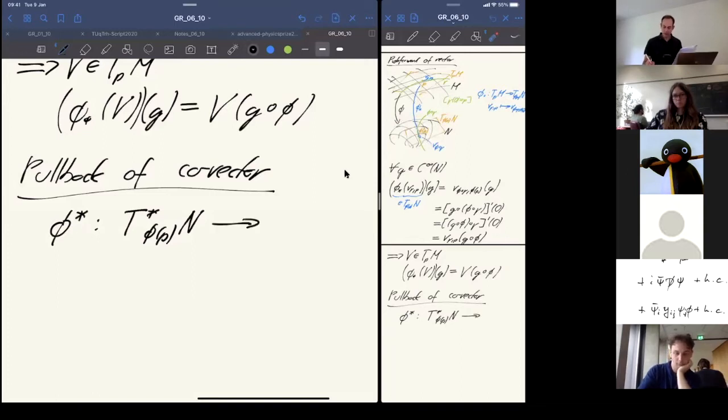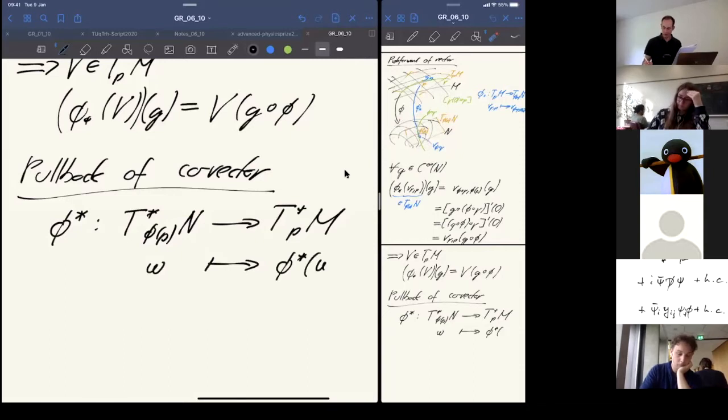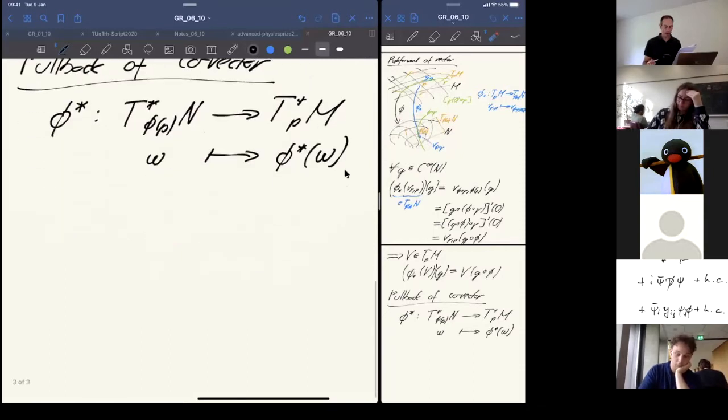And it goes to T star at p of M. And so let w be any element of this cotangent space. Then, of course, I will call the image of this phi star w. And I haven't said much of that. That's just notation.